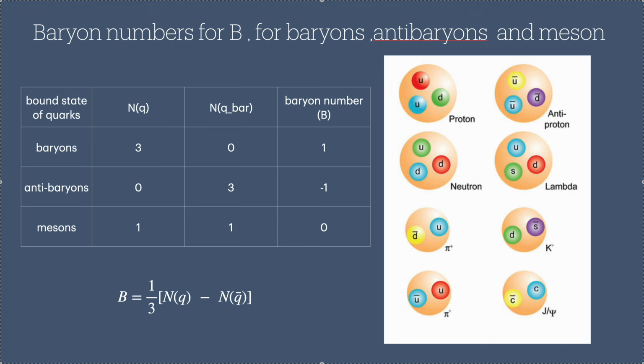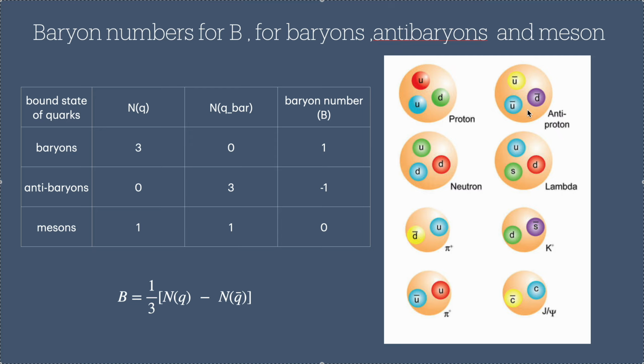Similarly for neutron and lambda baryon, the baryon number is 1. In case of anti-baryon, for example antiproton, which is a bound state of 3 anti-quarks, the total number of quarks is 0, anti-quarks is 3, so the baryon number is -1.